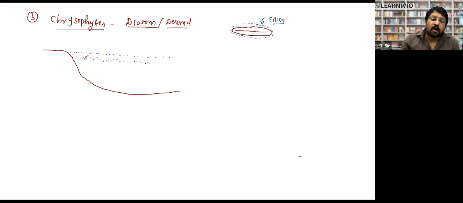So after the death of diatom, what happens? They keep on depositing on this surface, and they make a thick layer of soil, a thick layer of their dead bodies, on the floor of that ocean or lake where they are found.